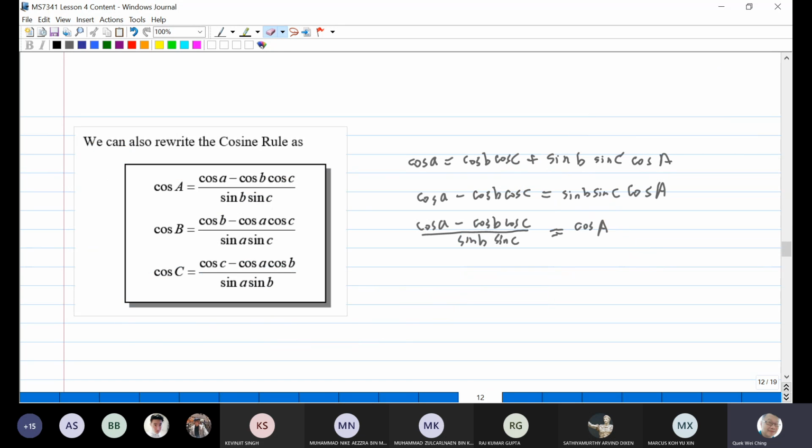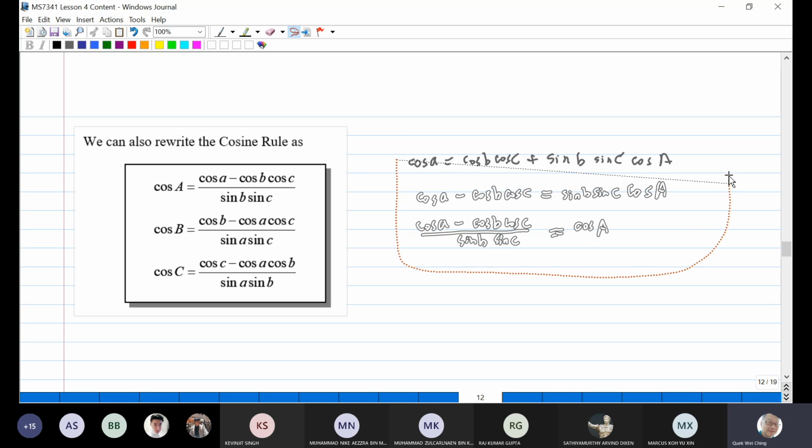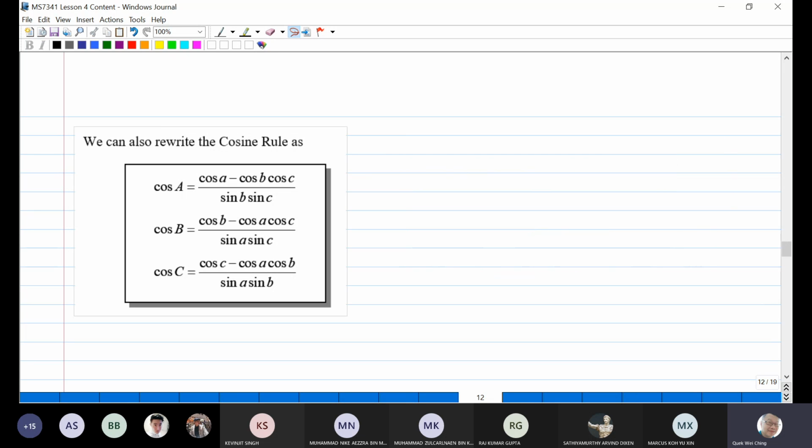Let me show you the working. You can actually find out the angle here. I am going to show you how to get this formula for cosine A, with the rest in the same arrangement.